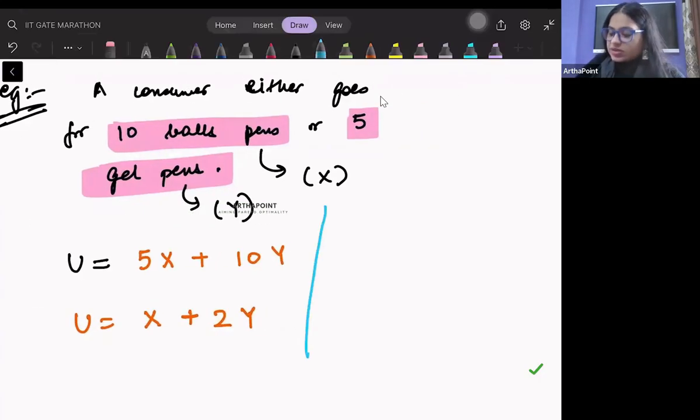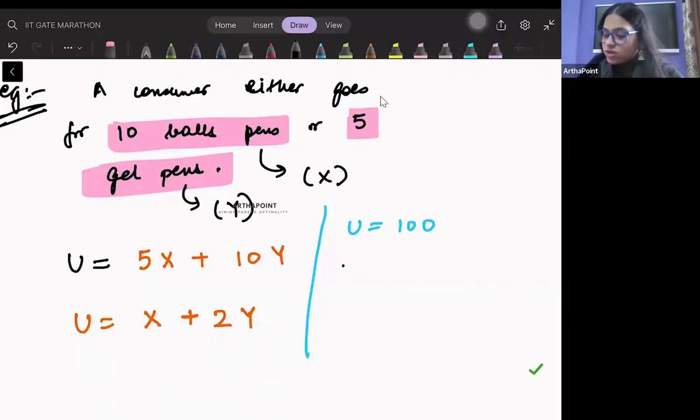अब देखो ध्यान से. Try to see that. Suppose I am going ahead and I want a utility of 100. My utility is 100. And now I'm saying that either that utility can be satisfied using ball pen or using gel pens.